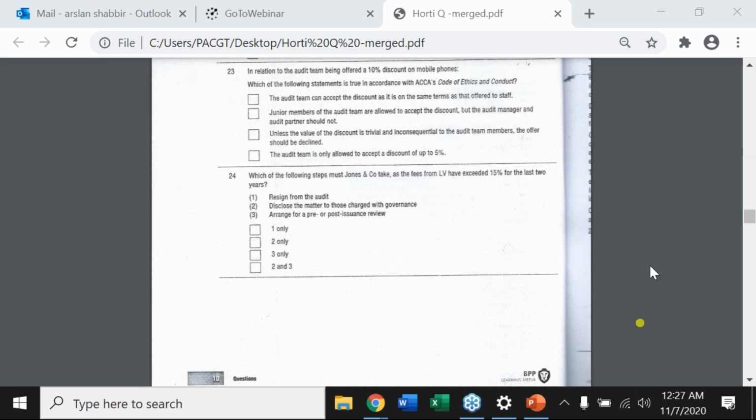I need your feedback. Option 4, 2, and 3. Okay. So which option is right? Need more feedback.